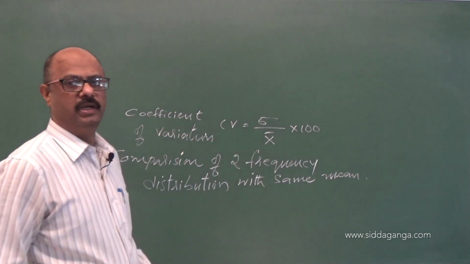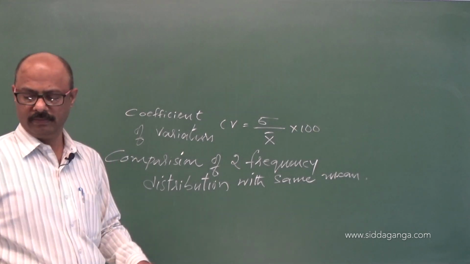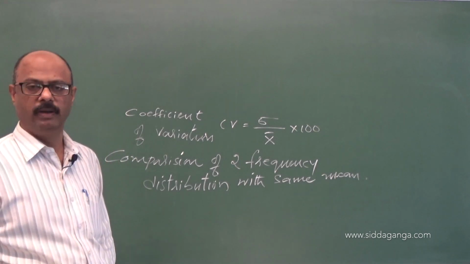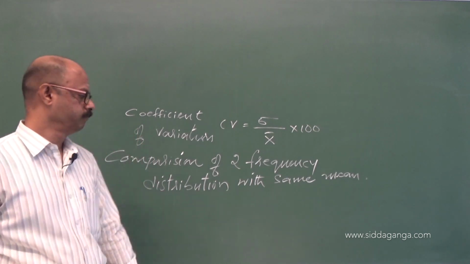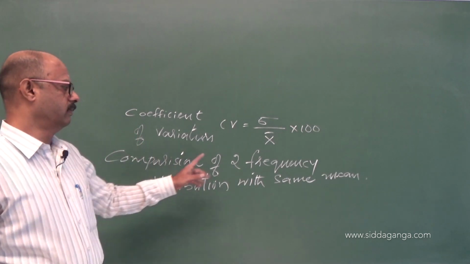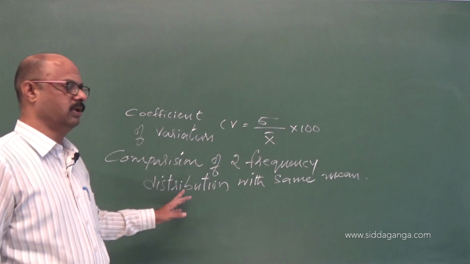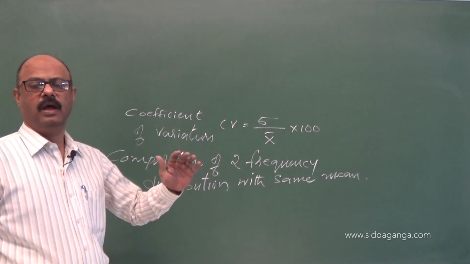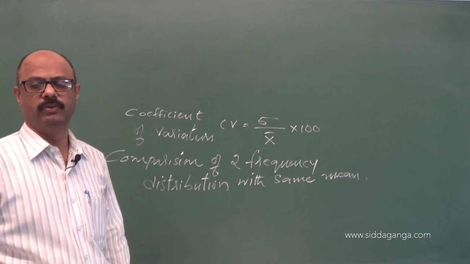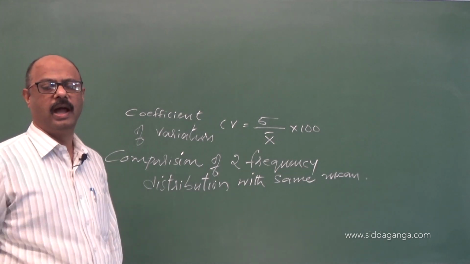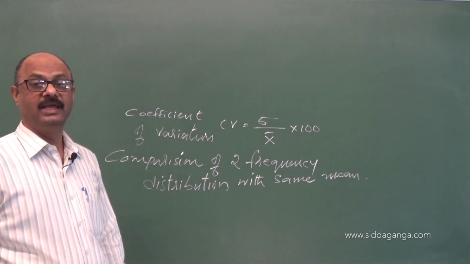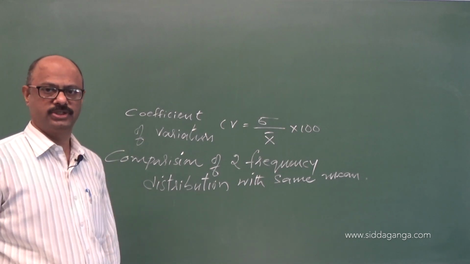Means you find two types of problem with the same mean. You should compare the two frequency distributions having same mean, and you should express whether they are more variable and less consistent like this.